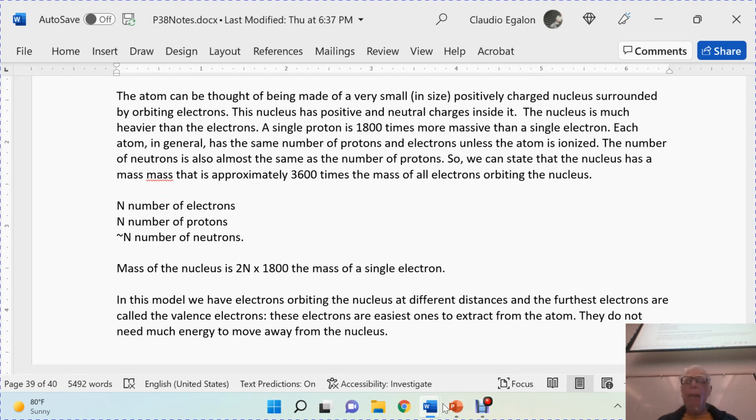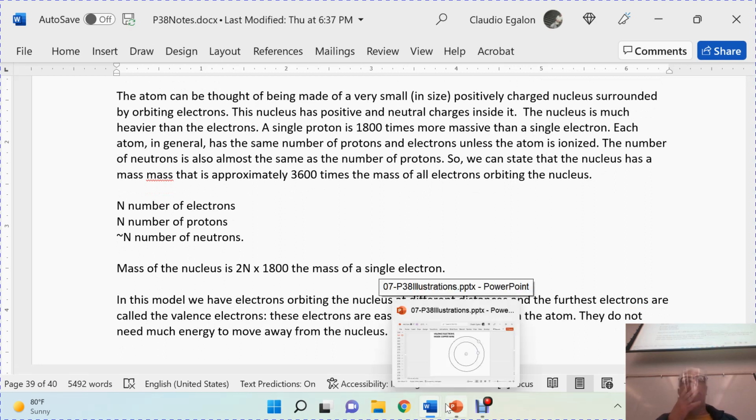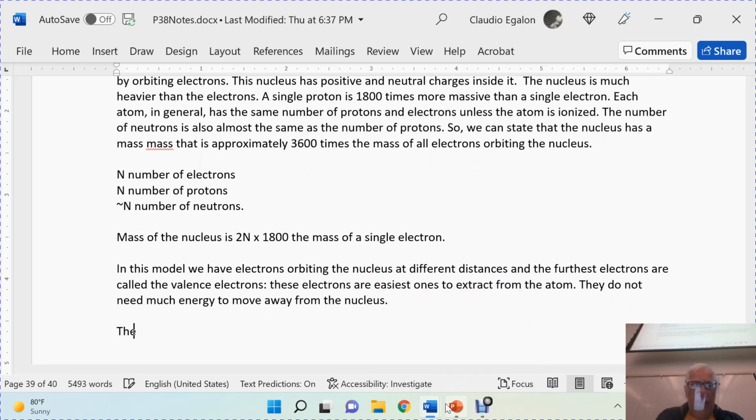These valence electrons are very important in a given electrical circuit. Why is that?